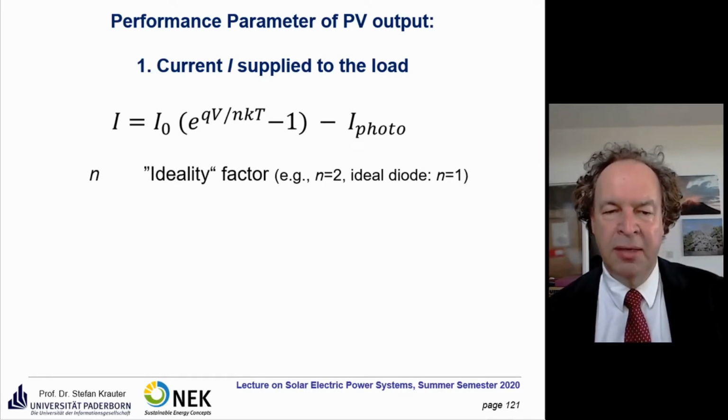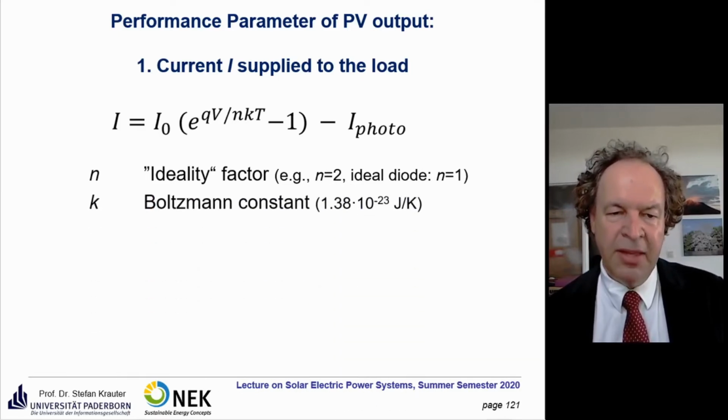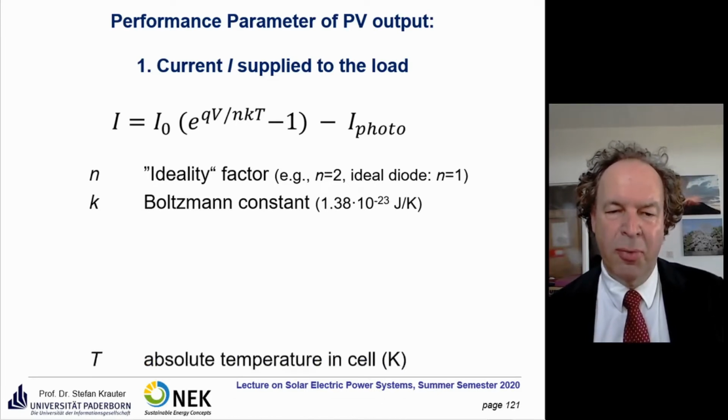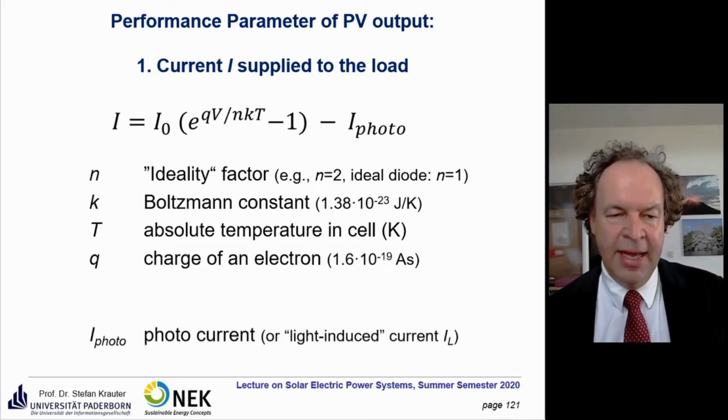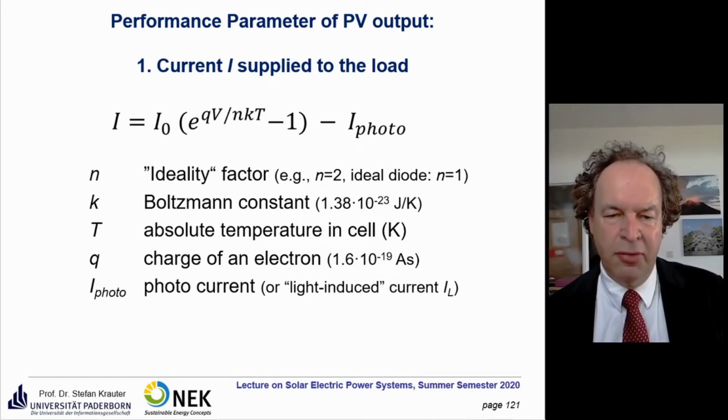For example, 2; the ideal diode would be n equal to 1. Then we have the Boltzmann constant, as you have seen in the formula before, the absolute temperature of the cell, the charge of an electron, and the photocurrent or photo-induced current, which depends on the irradiance.